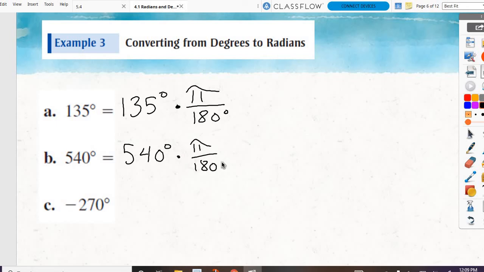I want my 180 degrees to be in the bottom because that way our degrees reduce out. So notice that if I have degrees in the bottom and in the top, they reduce with each other, which is why my degrees go away, and we just end up with radians.